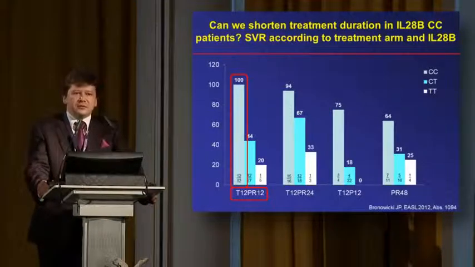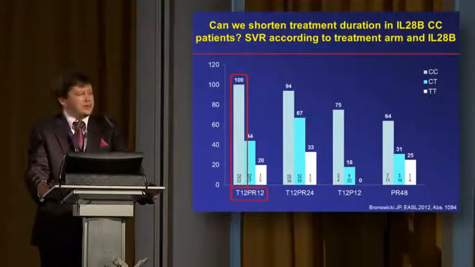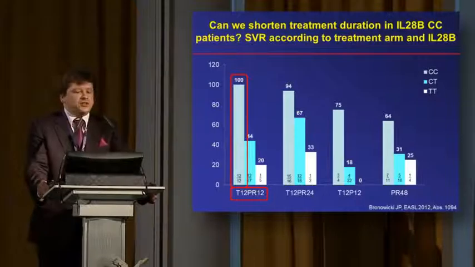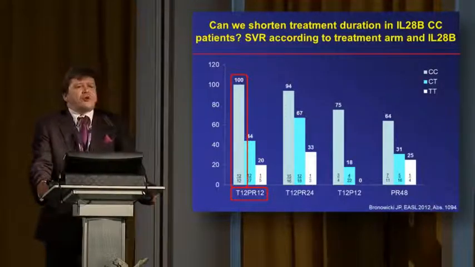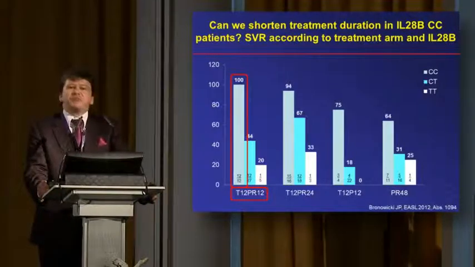Finally, the latest trials demonstrated the highest SVR rate in treatment-naive patients with CC genotype after a short course of triple therapy, only 12 weeks with telaprevir, PEG and RBV.